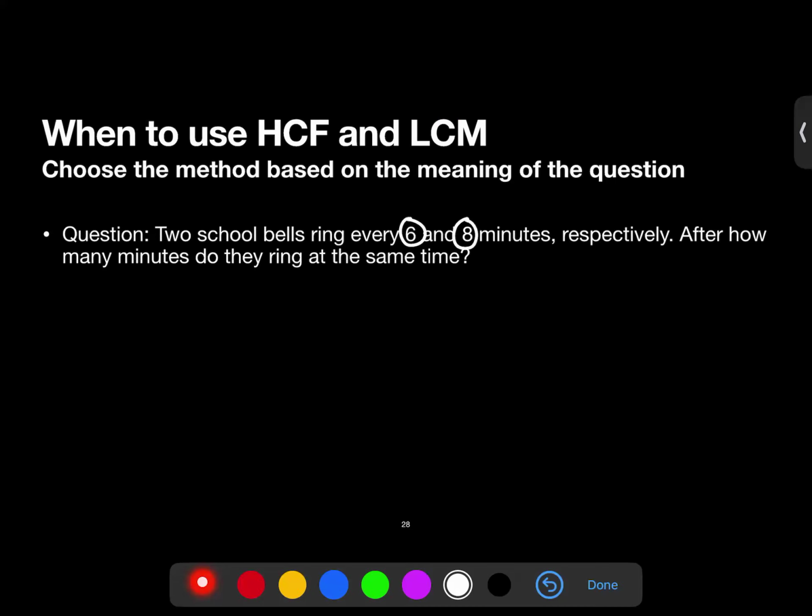So again, we use LCM when events repeat and they need to occur together. So we need to find the multiples. But we use HCF when we are dividing into groups equally. So we need to find the factors.